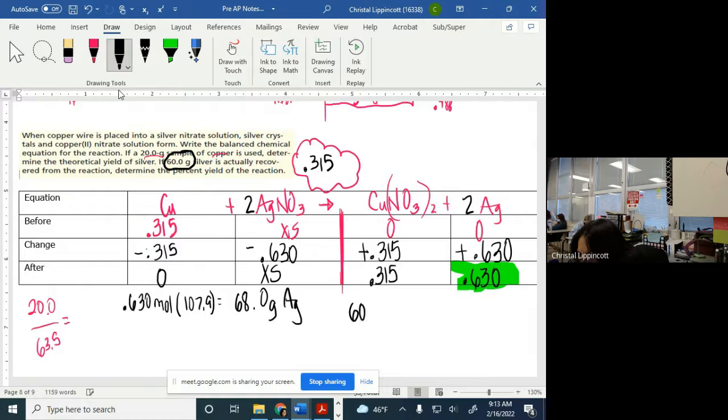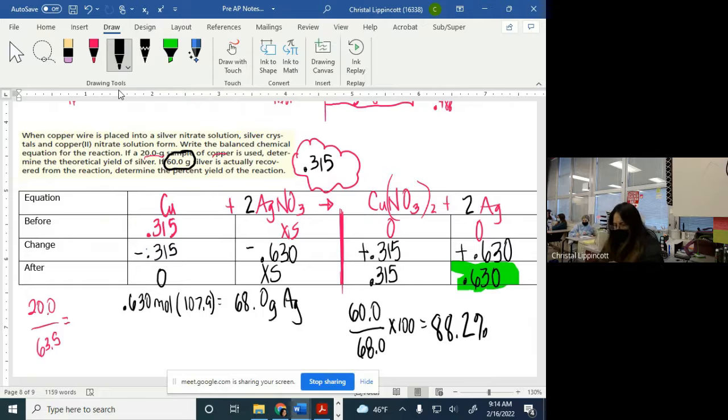So we're going to take 60 divided by 68 times 100, and that equals 88.2. And that's my percent yield. Easy enough?